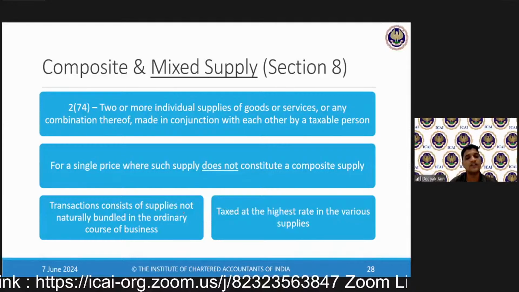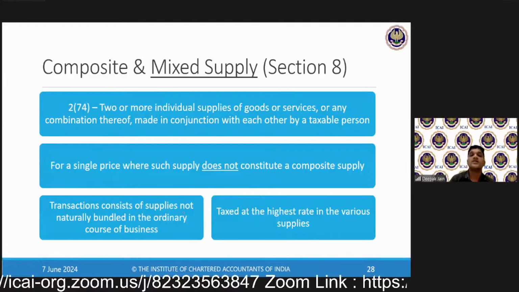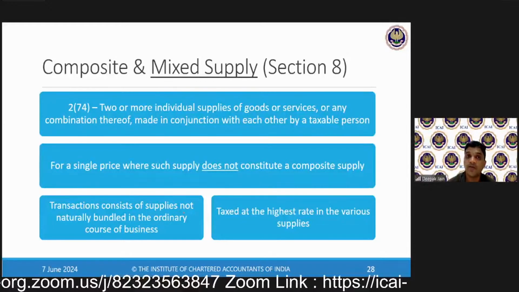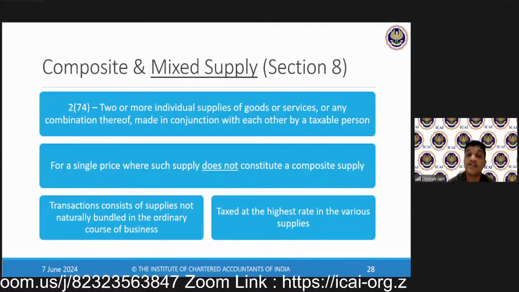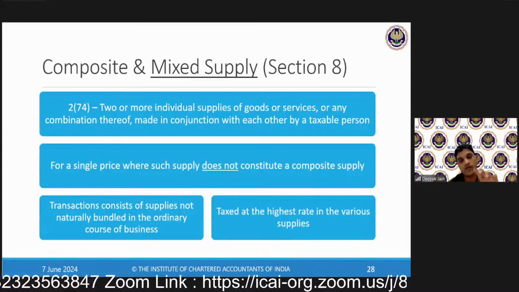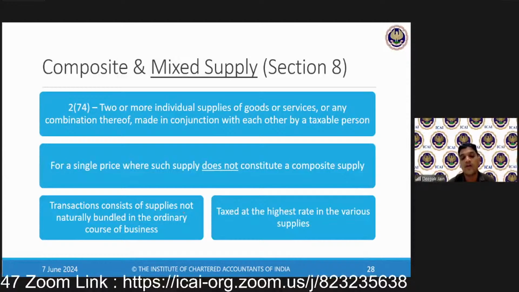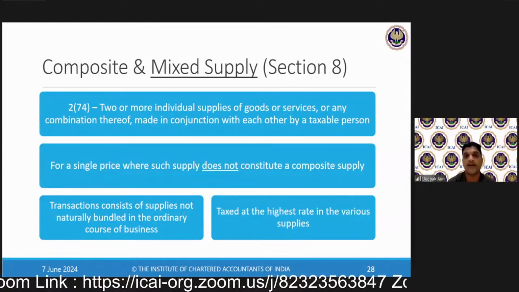Both the cases highest rate will apply? No. In case of composite supply, highest rate will not apply. In case of a composite supply, what is the GST rate on the principal supply? That will apply on the whole thing. But in a mixed supply, what is the GST rate, highest rate? That will apply. So that's a difference between composite supply and mixed supply.